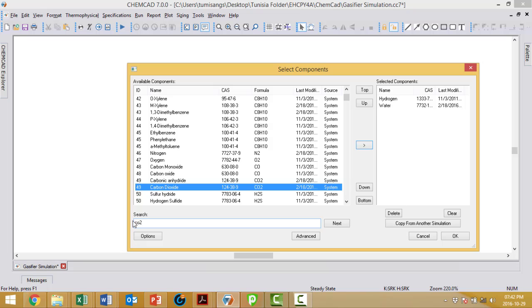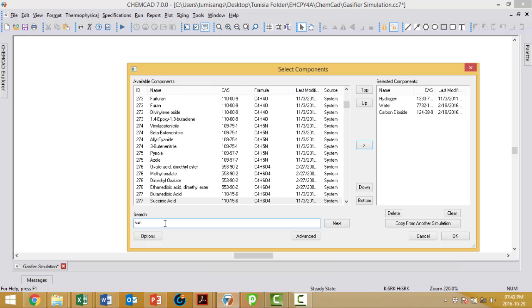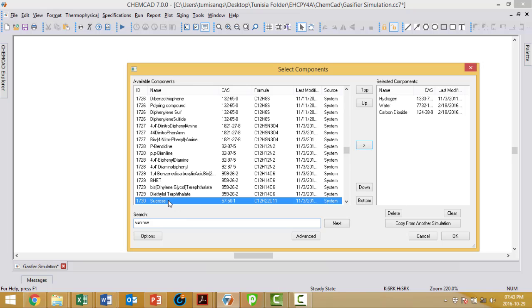For carbon dioxide, I've used CO2 instead of, like for water I typed WATER. Okay, then we will add carbon dioxide. The next we need to add is sucrose, which is our biomass, and as far as I'm concerned with the process components, this I think covers everything. No, we have forgotten our product, which is methanol. At this point we would not have methanol, so I'd rather leave it out for now.